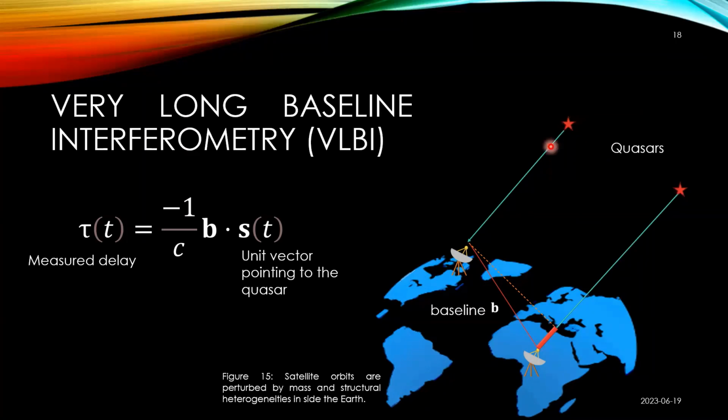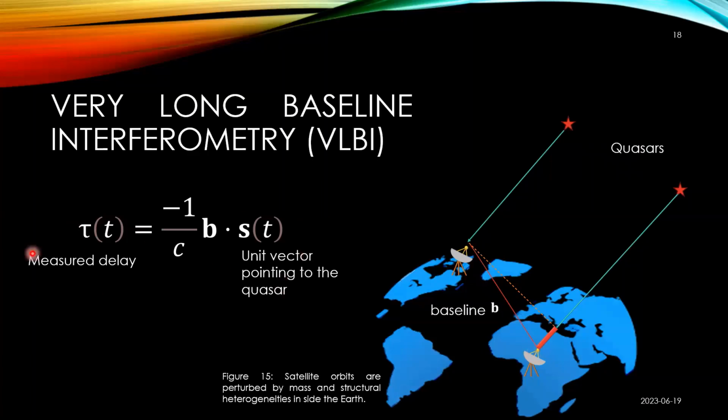So when the signal comes to one station, and the same signal comes to another station, they do not arrive at the same time because of the distance between the stations. So we have an extra time delay, the delay between receiving the signal at one station and another. Based on that delay, we can determine this baseline, the distance between them.